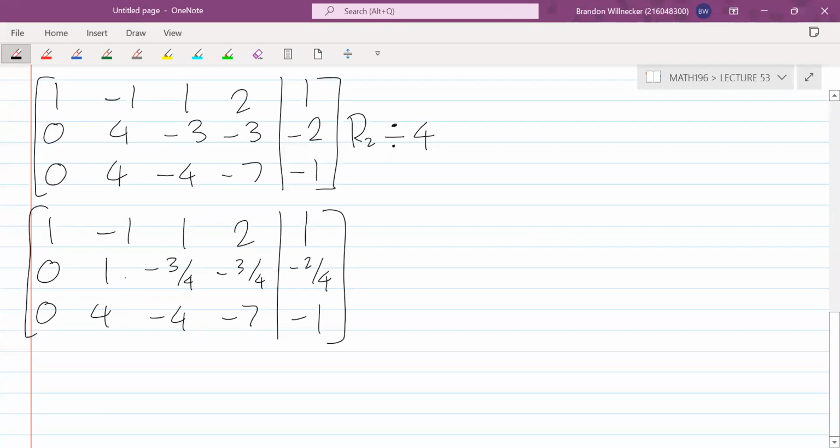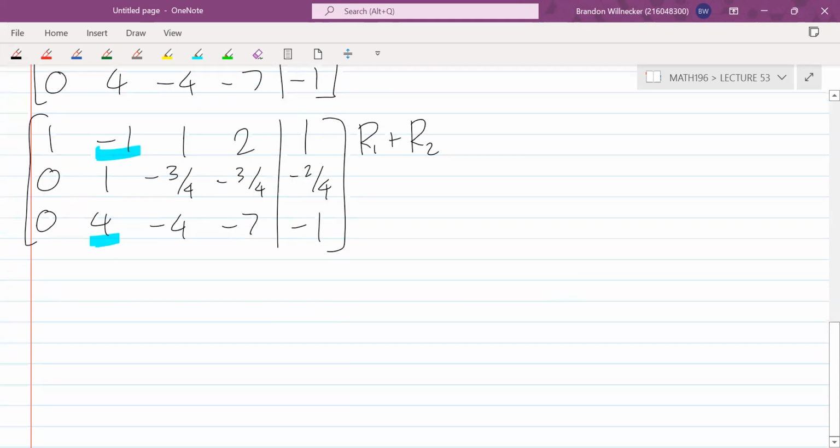Now we need to look at the top entry and the bottom entry and make those zeros. Okay, so let's take row 1 and add row 2. Okay, so we're going to get 1 minus 1 plus 1, that's 0. 1 minus 3/4, that's 1/4.